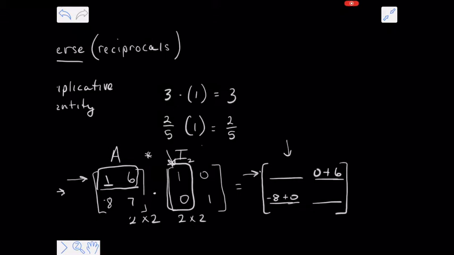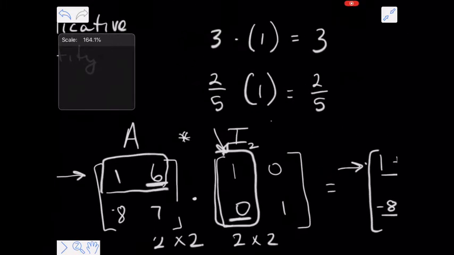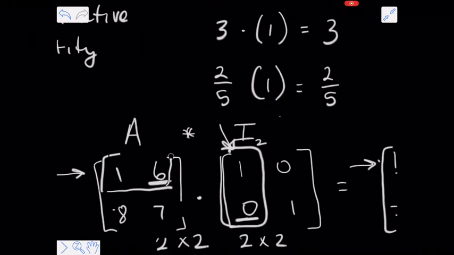So first entry and first entry, 1 times 1 is 1. Then I need the second entry, and the second entry, 6 times 0, 0. Now, so I'm just going to clean this up a little bit.